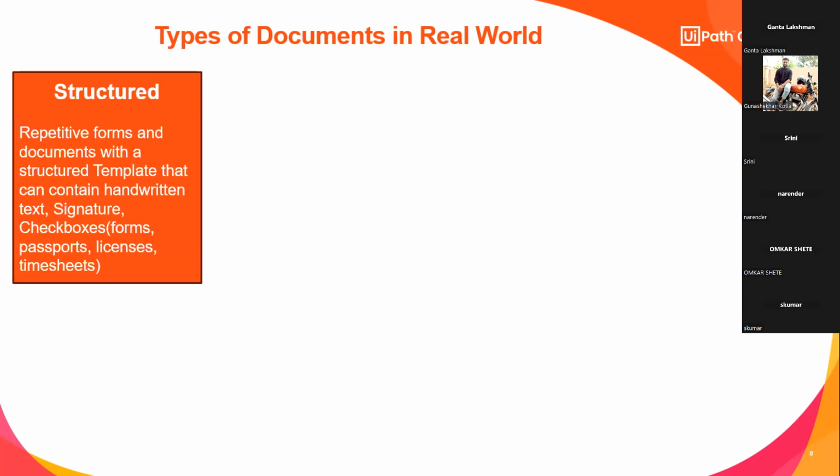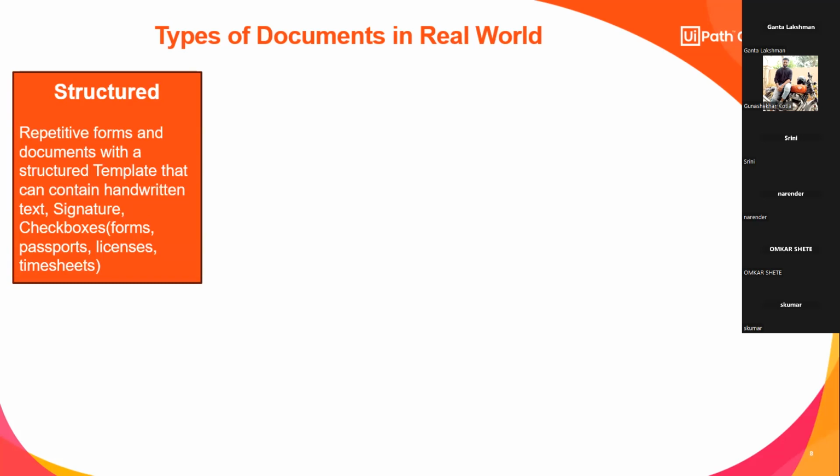The first one is the structured document. When I say structured document, it follows a template, a pre-template with proper alignment of the data. Examples are forms, web forms, passports, licenses or timesheets.